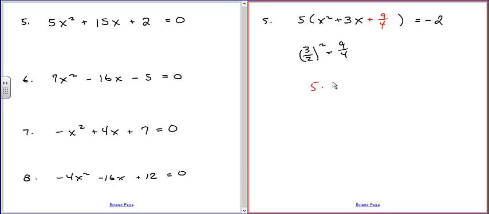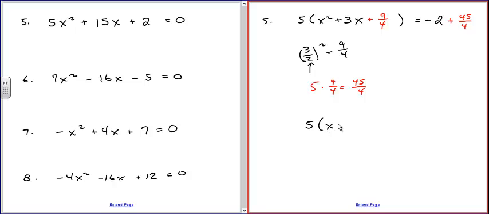But what we're doing is 5 times 9/4. So 5 times 9 is 45, so we get 45/4. So we've added 45/4. We got to do it over here. 45/4. Now this can be rewritten as 5 times the perfect square.